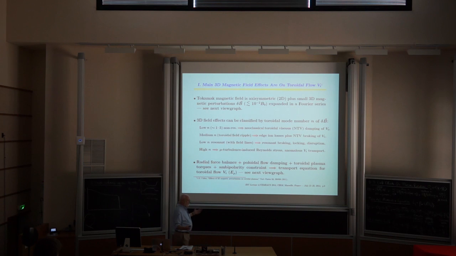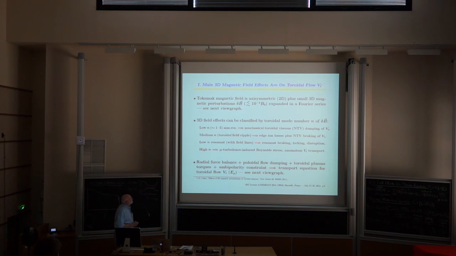Well, in a magnetic field, in a tokamak, to lowest order we say it's axisymmetric. Maybe I'll say that more on the next slide. And then we expand in a Fourier series in the only ignorable coordinate we have, which is toroidal symmetry to lowest order. And so we expand about that.